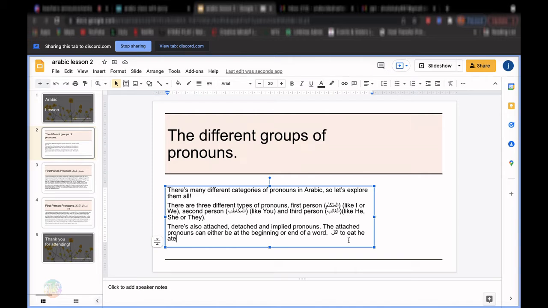Because the singular masculine version of a word tends to be the base form of the word. So akala can be used to say to eat in the most basic form, or it can be used to say he ate.